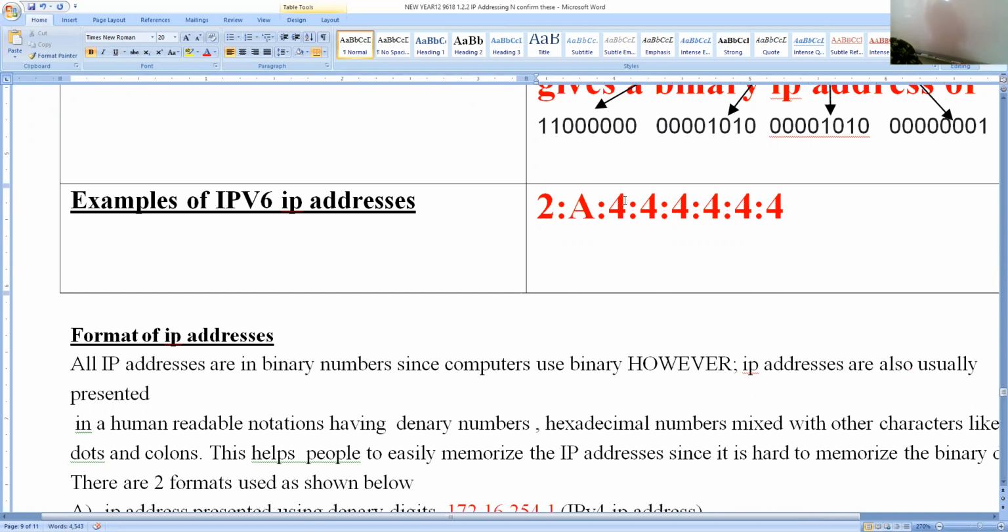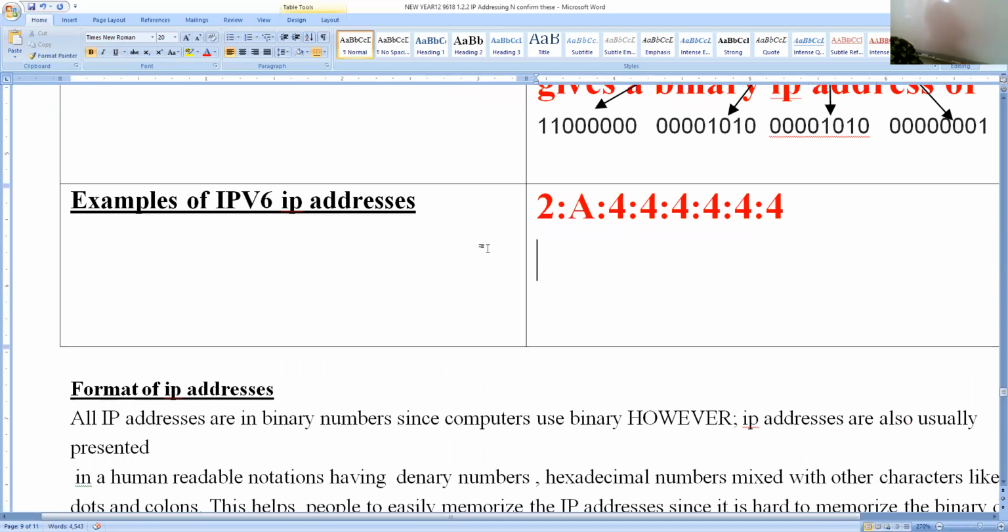You see that? Now, if you are to convert this into binary, I'm going to give you the equivalent. Do it here.